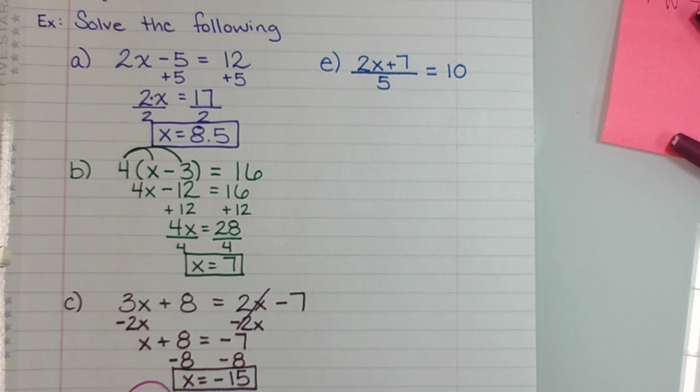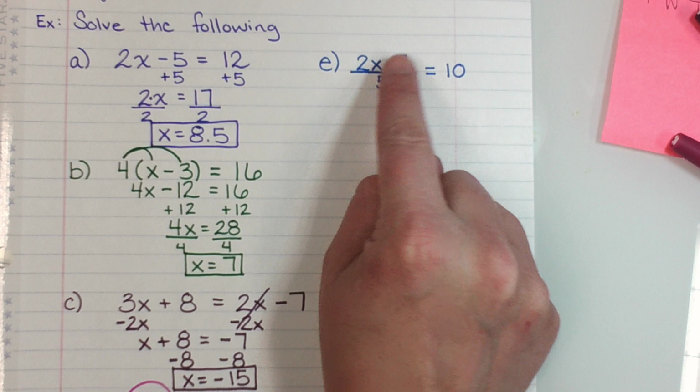2x plus 7, all being divided by 5 is equal to 10. When you have a fraction, in all technicality, you've got parentheses going on if there's addition or subtraction in that fraction.